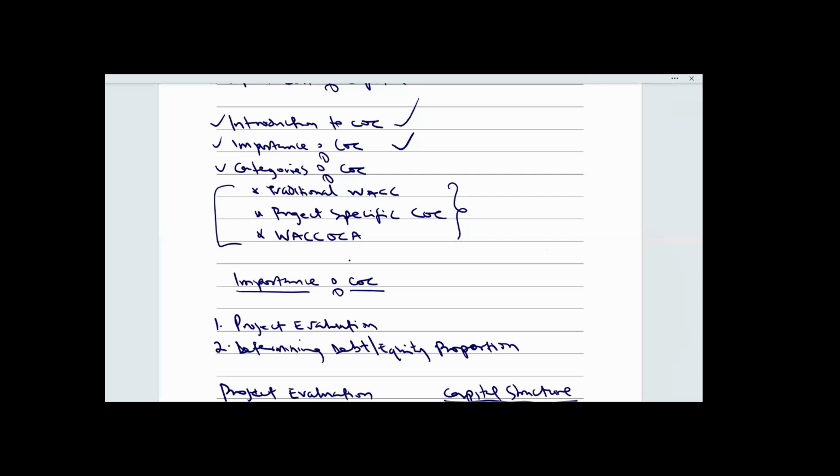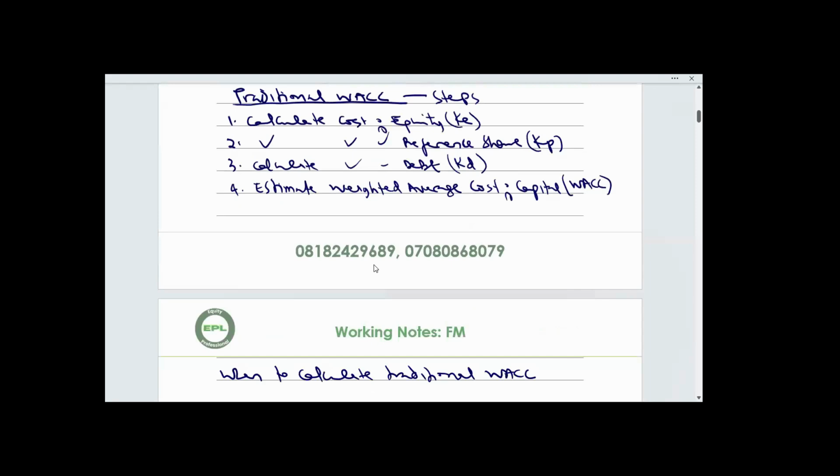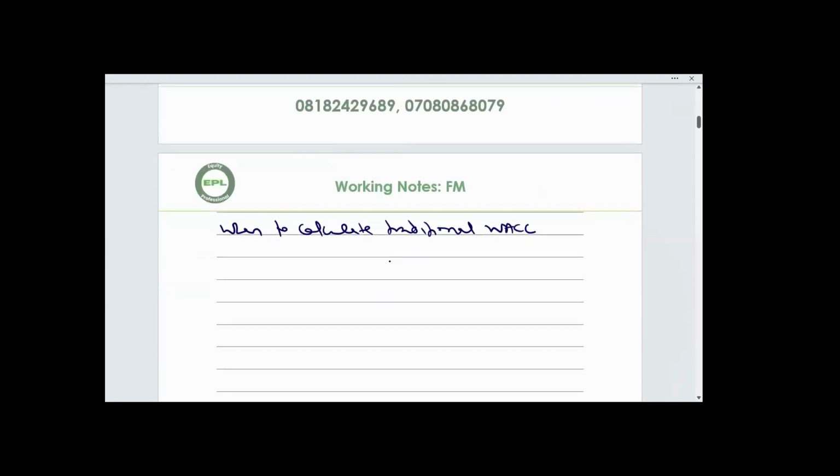So you must know which of them you are supposed to calculate. And that's what I want to explain to you, what you need to do under each. How do you know you are supposed to calculate traditional WACC? How do you know you are supposed to calculate project-specific? This is very key so that you don't miss it.